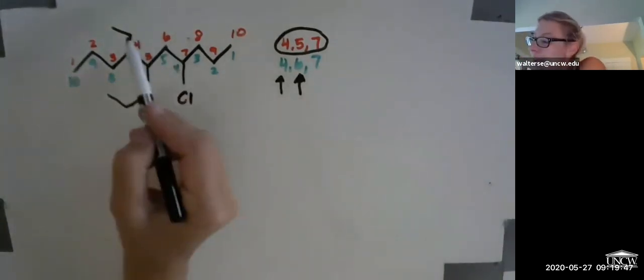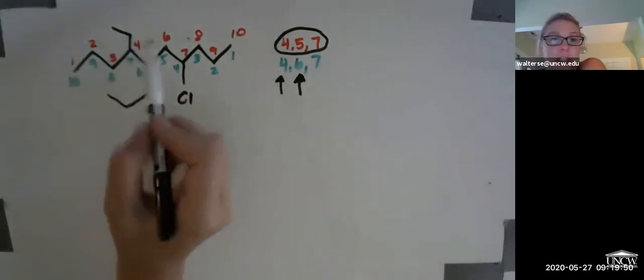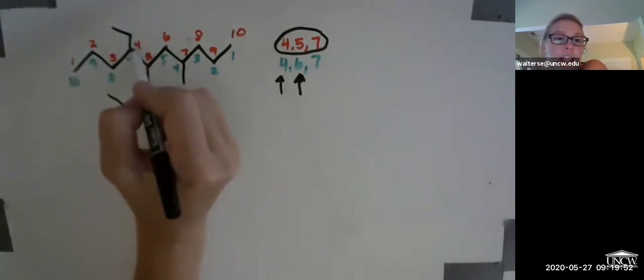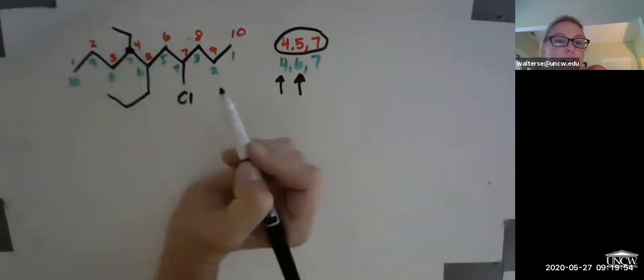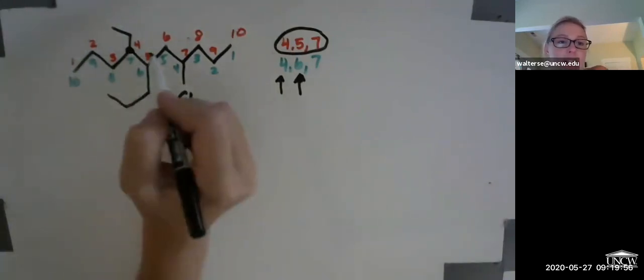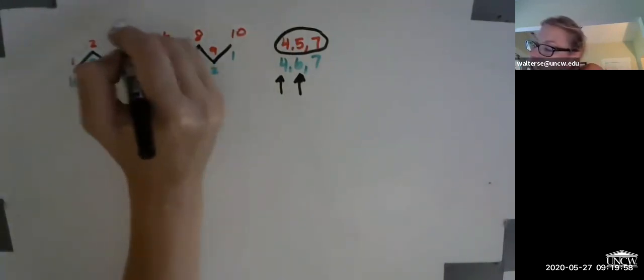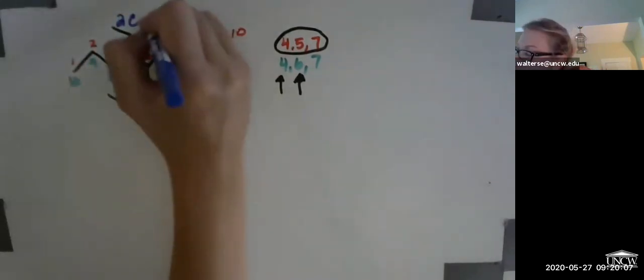Then we come back and we look at our substituents. So on carbon 4, this carbon here, that one is in the chain, in the parent. It's only these out here that are in the substituent. So we have a 2-carbon group here, which is an ethyl group.